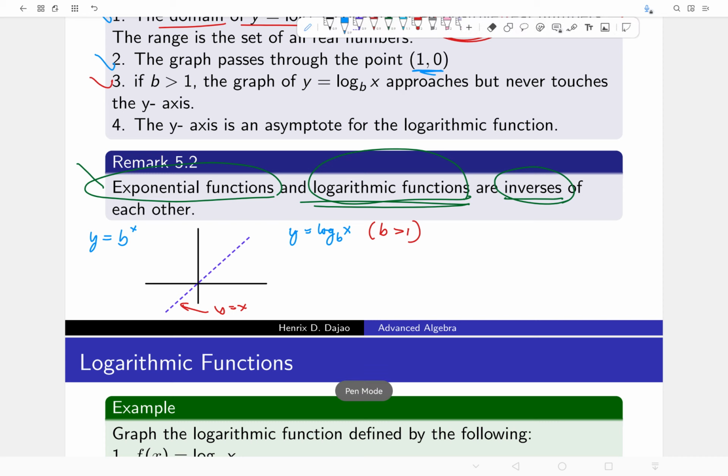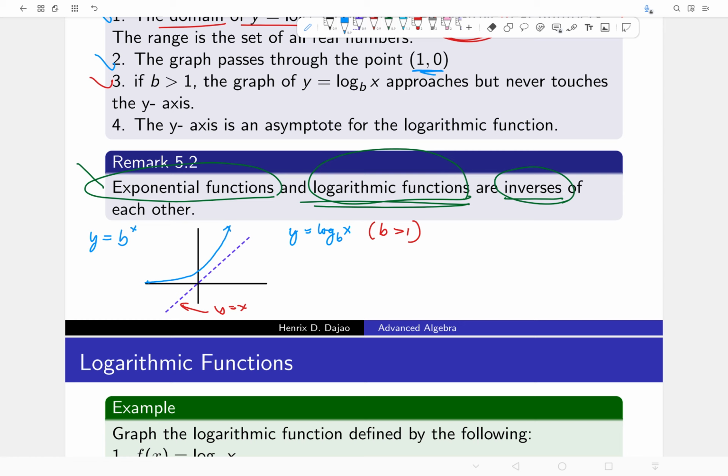When you graph the function defined by this, if your b is greater than 1, it looks like this. Remember, the x-axis is the horizontal asymptote.